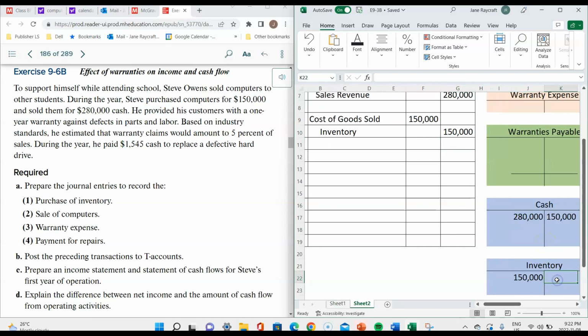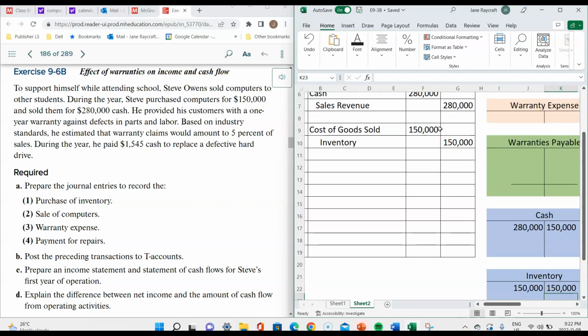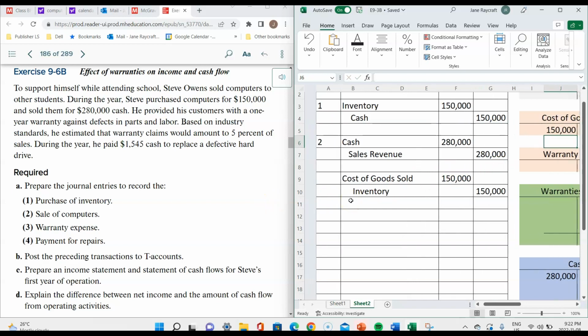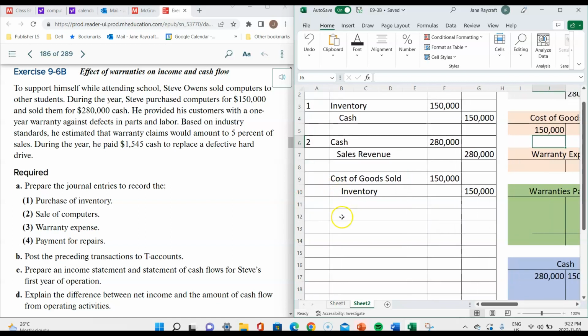Bye-bye inventory. That has just been subtracted out of that account. That asset is gone, because it's sold to our customers. There, it gets put in that category, cost of goods sold. Cost is just transferred from the asset to the expense when it's used.